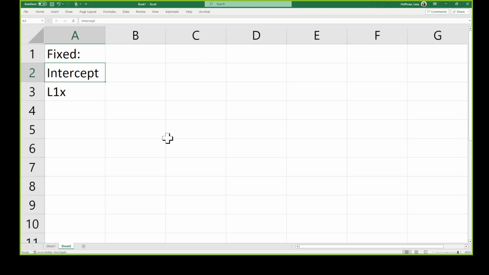What you get when your L1x is 0. Yeah, so it's conditional on this. What if I add, I don't know, QT6? Now what does my intercept mean? What you get when the other variable is 0. When this is 0, when that's 0, right?